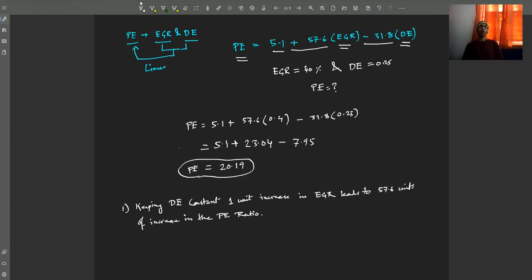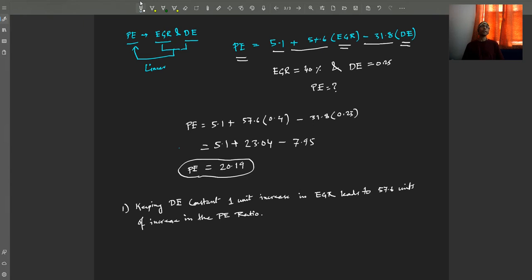Similarly, keeping DE constant, 1 unit decrease in EGR shall lead to 57.6 units of decrease in the PE ratio. So this plus sign indicates that if one increases, the other will also increase. And how much will it increase? By the multiple of this number, the coefficient.